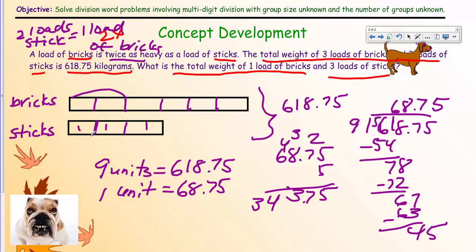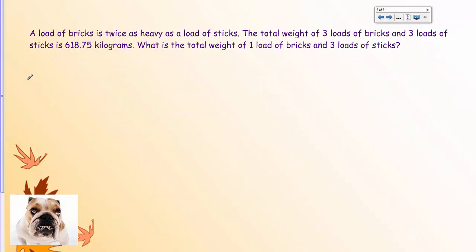Now, there's another way that you could solve this, and maybe this might make a little bit more sense. When I think of trying to solve this problem, I think this is important here. Think of this: 3 loads of bricks and 3 loads of sticks equals this amount.